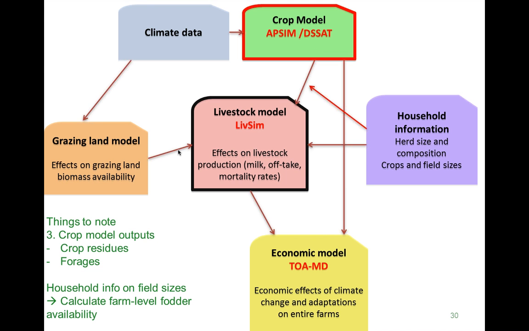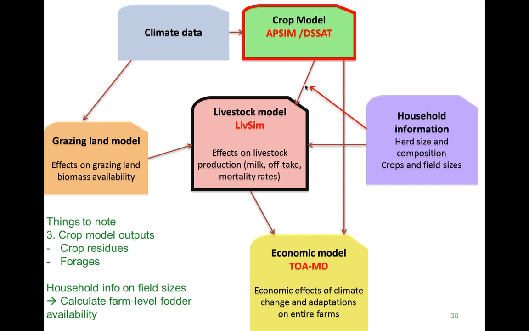Okay, so then we move on to the crop model aspects. Here the crop model will provide input to LivSim because it will tell us how much crop residues are produced on farm, and potentially how much forages are produced.